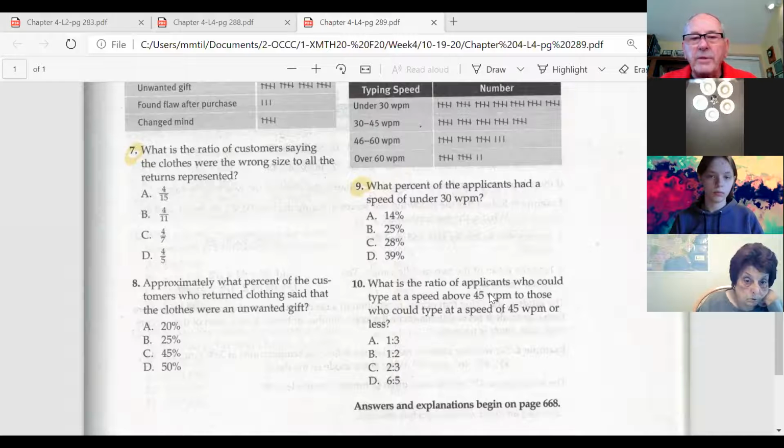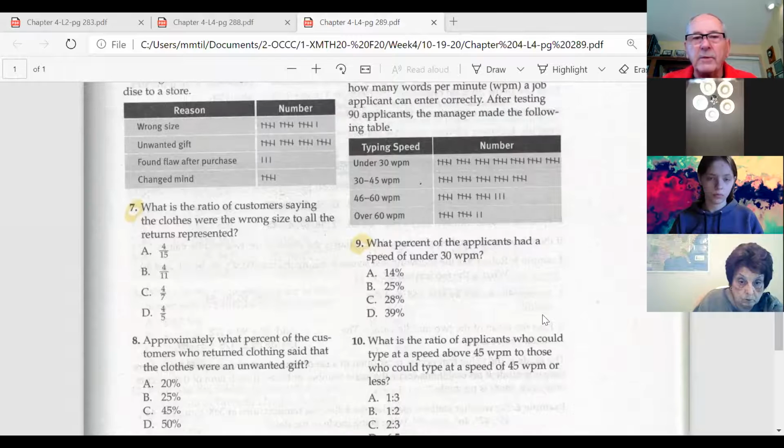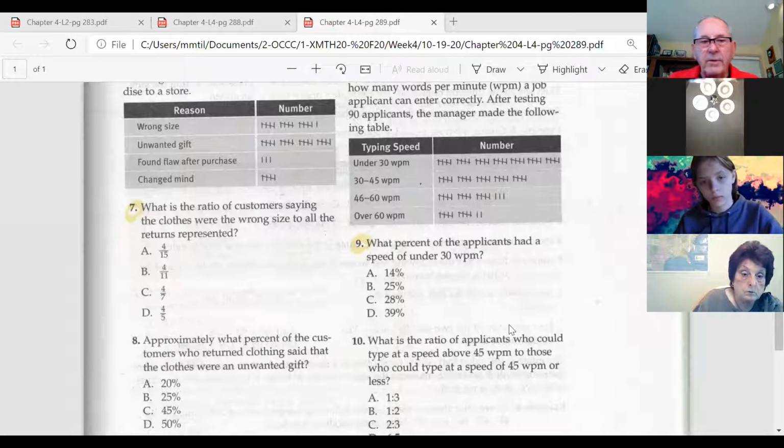So number 10: what's the ratio of applicants who could type at a speed above 45 words per minute to those who could type at a speed of 45 words per minute or less? So it's this divided by this. It's not the total in this particular case.